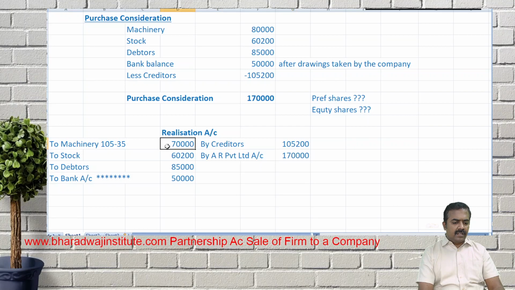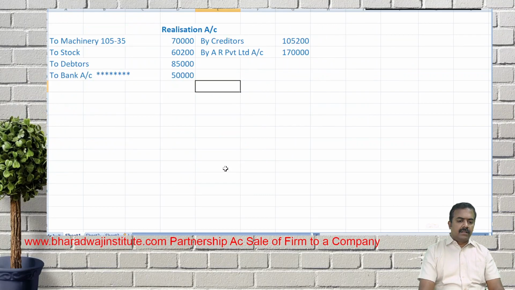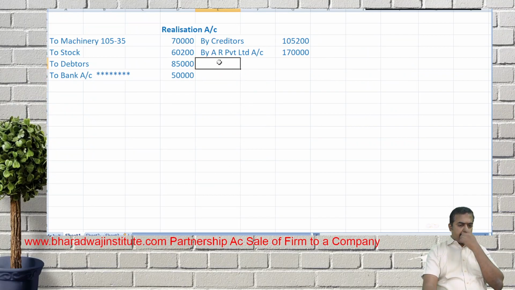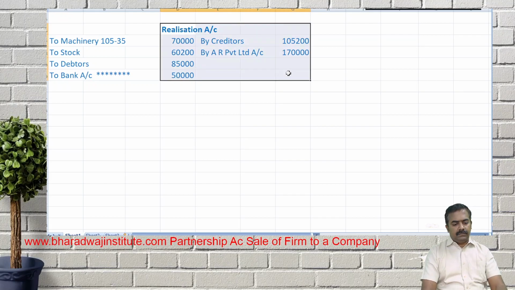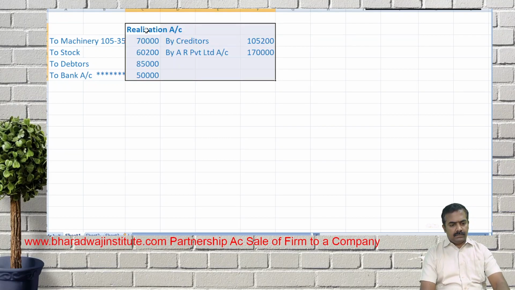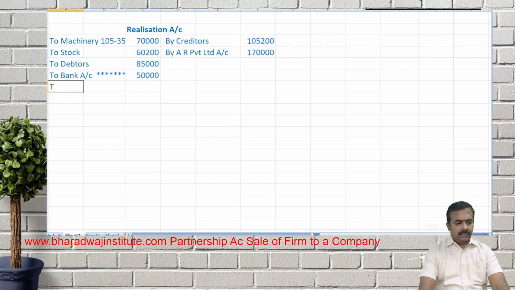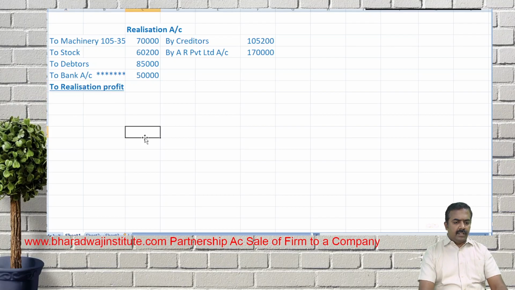Tally it, you will get the profit or loss. Is it a profit or loss? Realization profit 10,000.